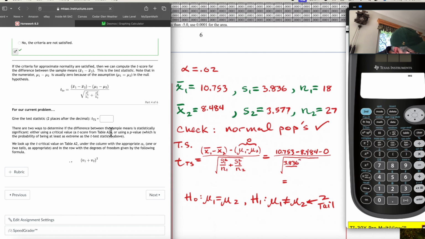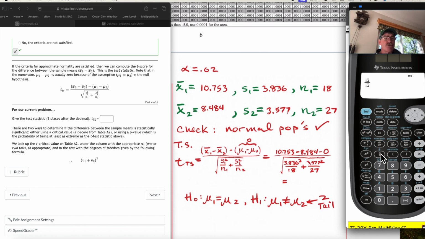I'm going to square that and divide by the sample size, which is 18. And then the second standard deviation, 3.577, I also have to square and divide by 27, the sample size. All right, so take a moment and try to do that computation here. First the fraction, then the numerator.